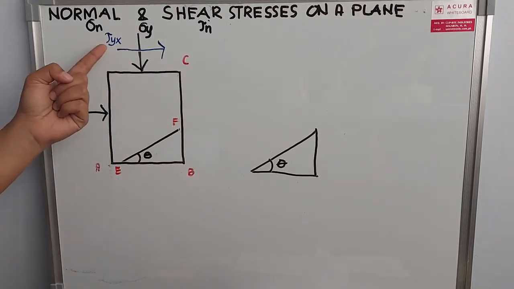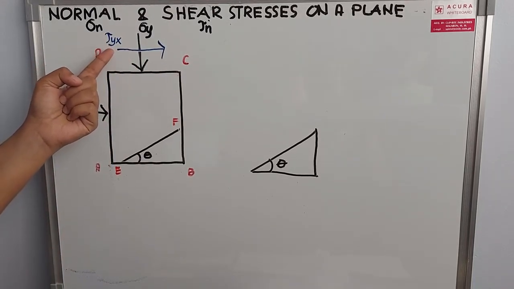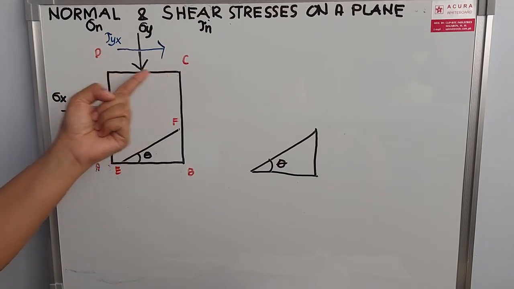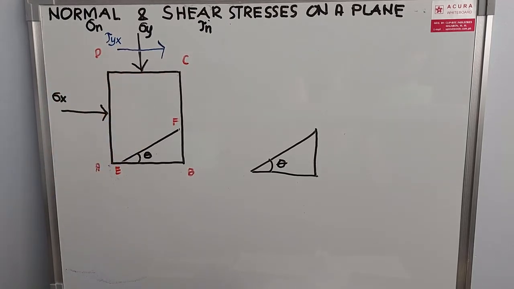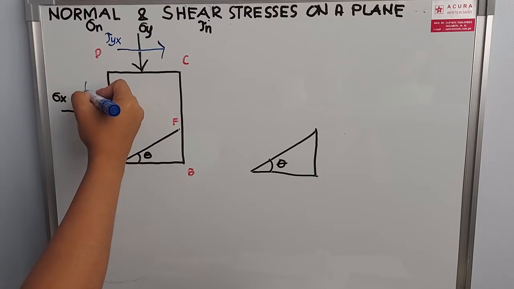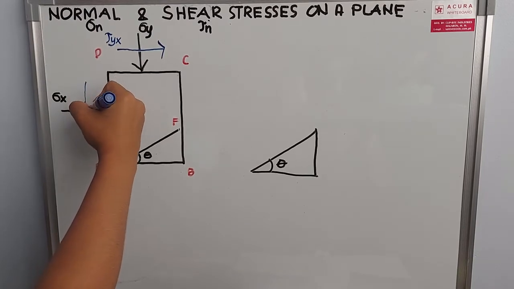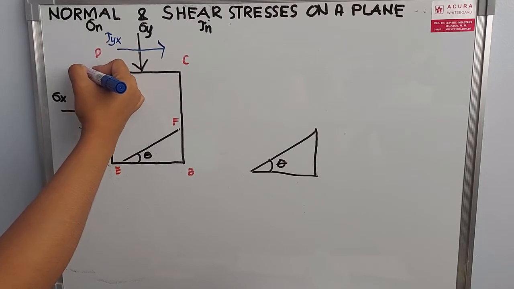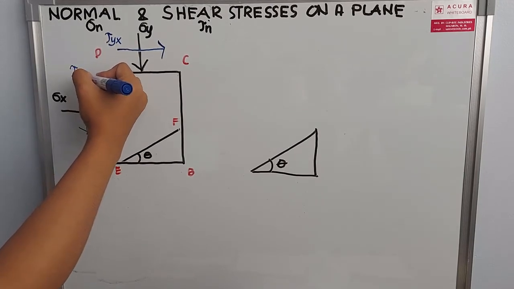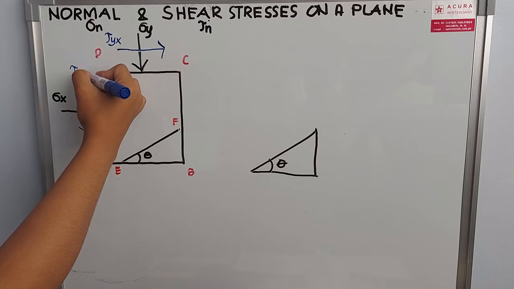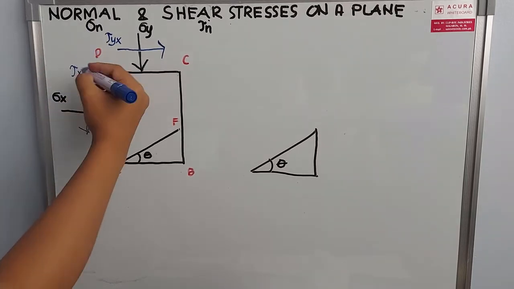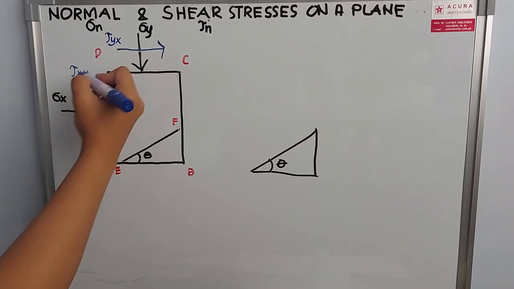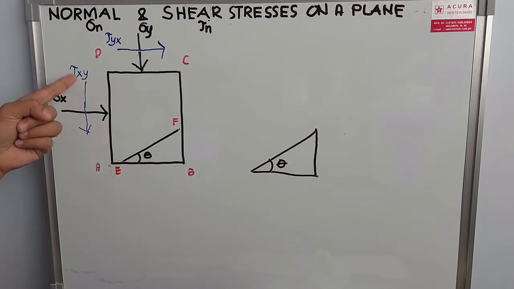So shear stress crossing the y direction acting along the x-axis. We also have here your shear stress crossing the x-axis acting along y direction. So tau xy.